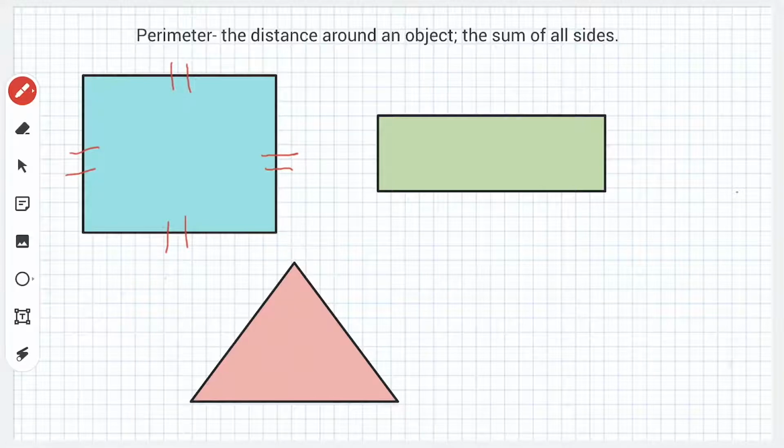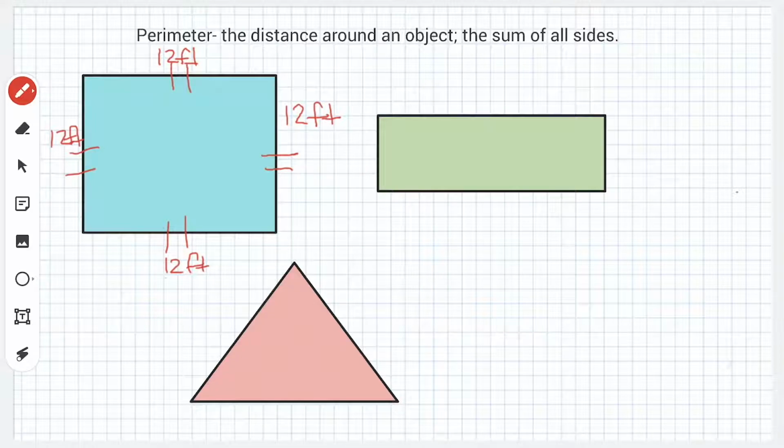So if I wanted to find the perimeter of this blue square, and the length of each side was 12 feet, that means that all four sides measure 12 feet. If perimeter is the sum of all the sides, what am I going to have to do with the length of each side to find the perimeter?